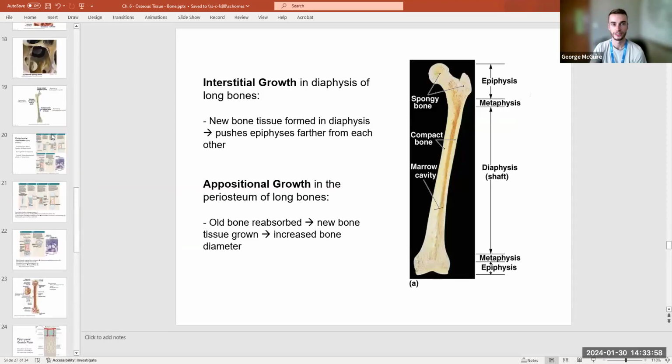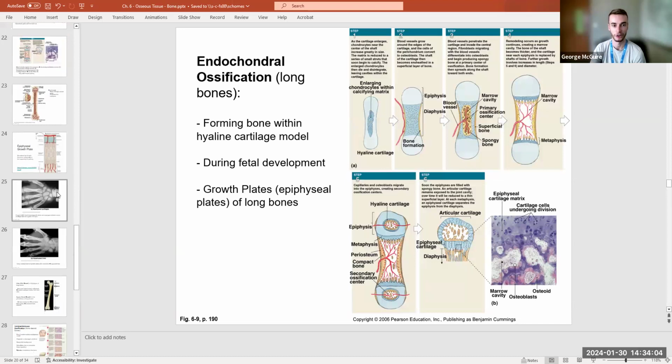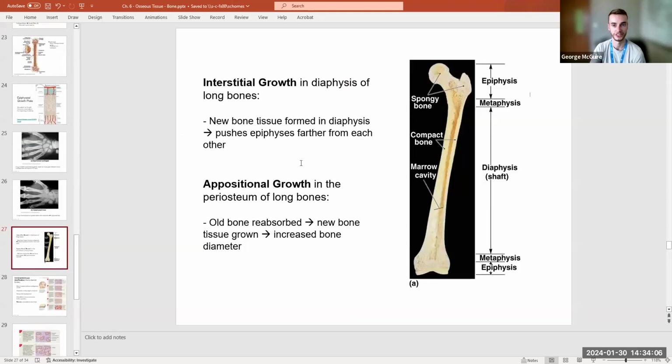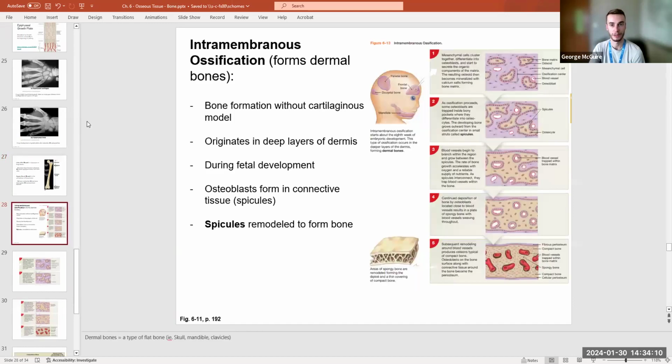So this was all part of growth and creation of our long bones. That was endochondral ossification, and then the growth of these long bones comes from interstitial growth and appositional growth. But we also have intramembranous ossification, which is what forms dermal or flat bones.